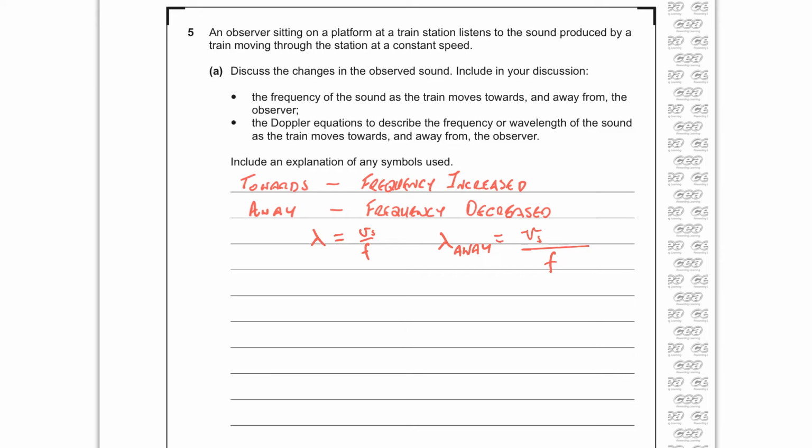So it's still a v over f, but we add in the movement of the train to make that lambda longer. And in the towards case, we subtract off the movement of the train in order to make that lambda go shorter.